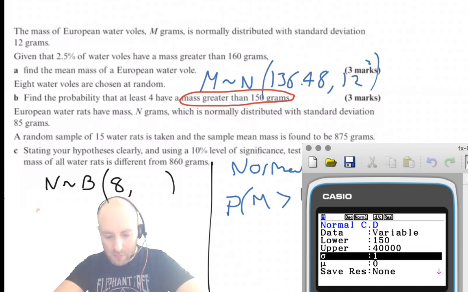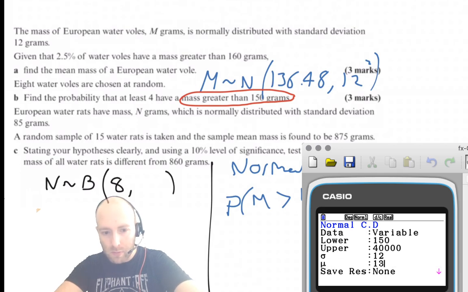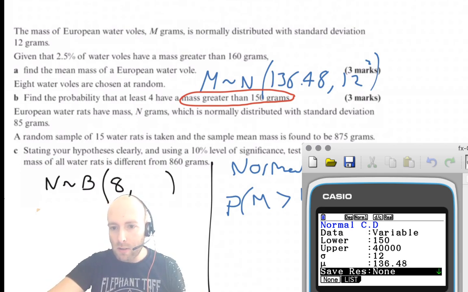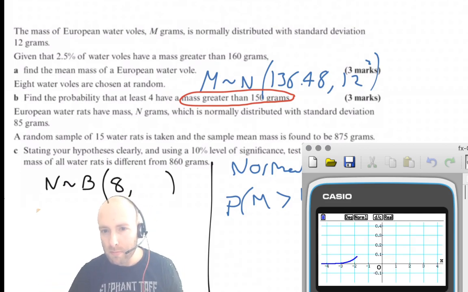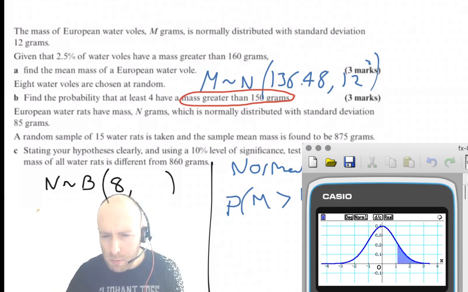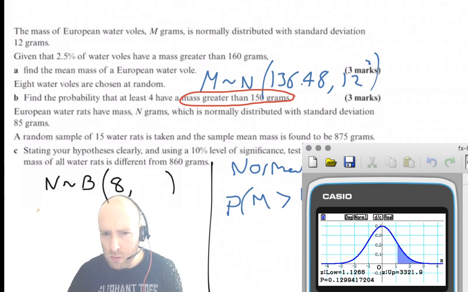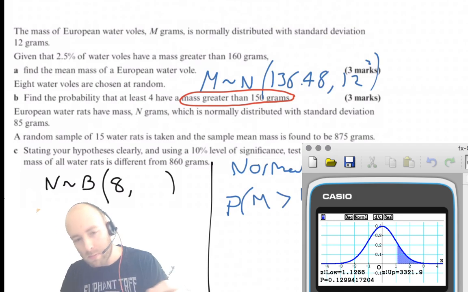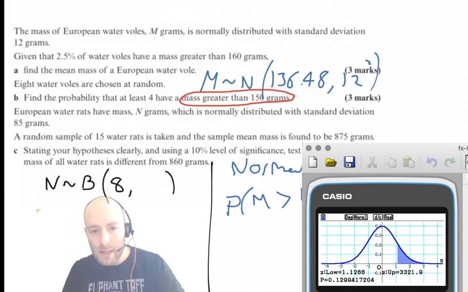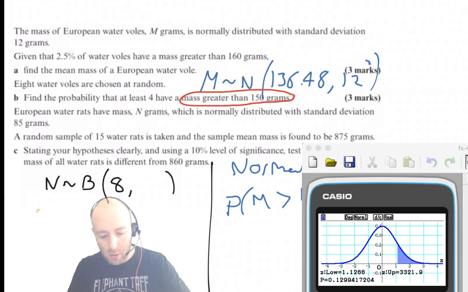Sigma is 12, and the mean is 136.48, like we found just now. So draw it. There we go. So our probability is 0.1299. And that's the probability we're going to use for our binomial.